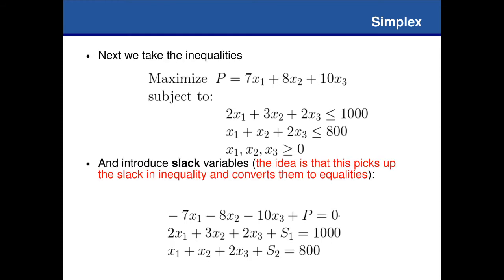The next step is to add slack variables into our constraints. So this is our first constraint, this is our second constraint. What is a slack variable? Consider we have just a single component A, a single component B, and a single component C. In terms of fabrication time, we're going to spend 2 plus 3 plus 2, that's 7 hours, and 7 is less than or equal to 1,000.